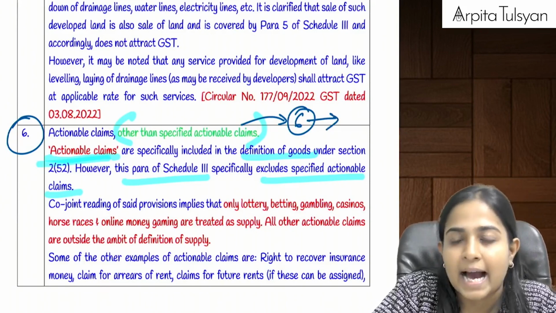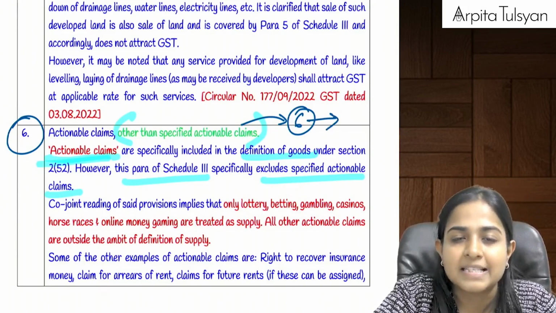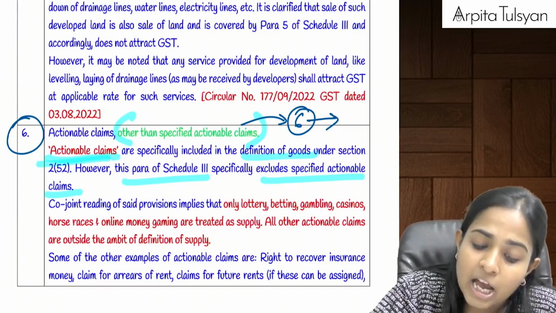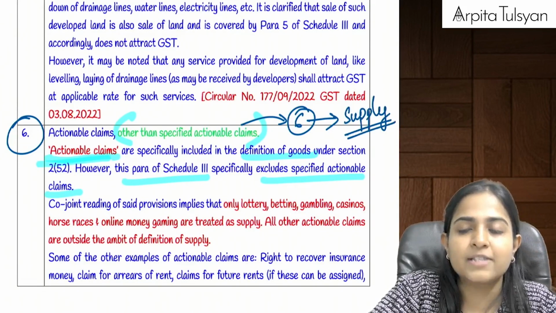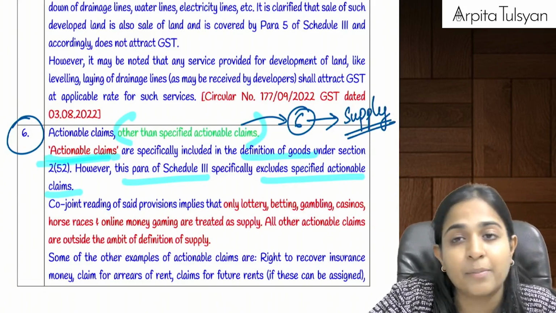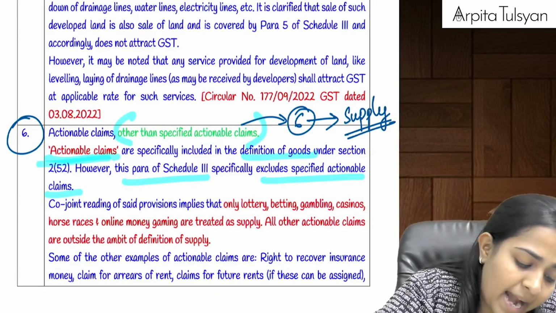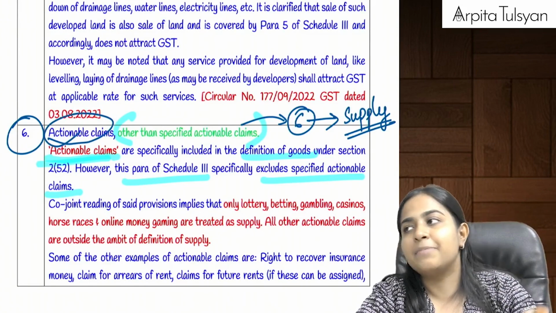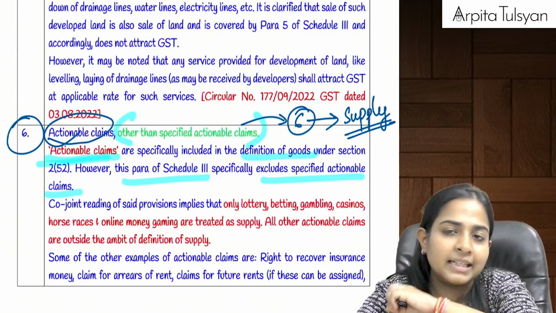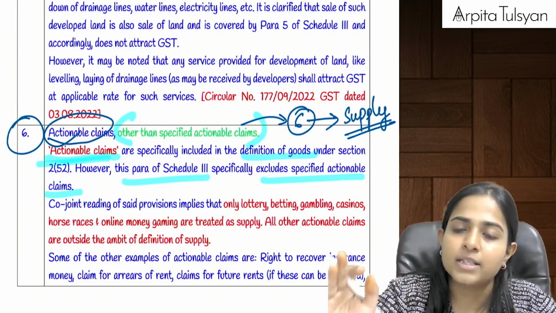Therefore, those 6 items, betting, lottery, gambling, casinos, horse races and online gaming, will be considered as a supply, and that too a taxable supply. And any other actionable claims are still covered in schedule number 3. Therefore, those are considered as non-supplies.